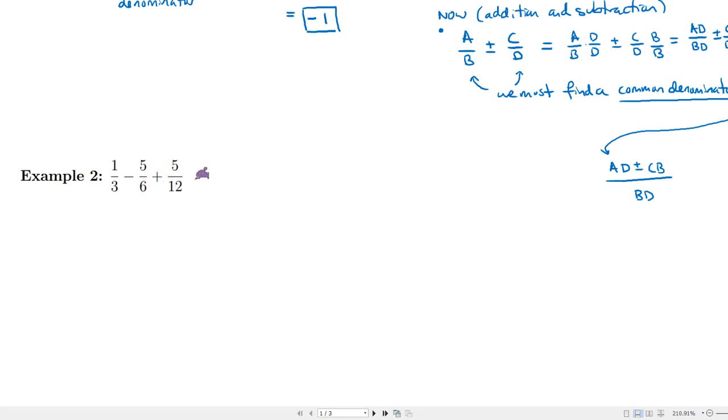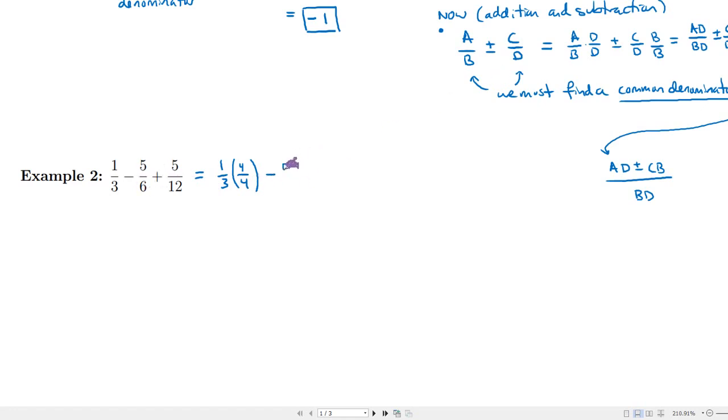So what do we have to do? Now we're going to take this 1/3, and to make a denominator of 12, we're going to multiply by 1, right? We can multiply by 1, and that's unchanged, but we're going to multiply by 4 over 4, and that's our 1. This will give us a denominator of 12. What about the minus 5 over 6?